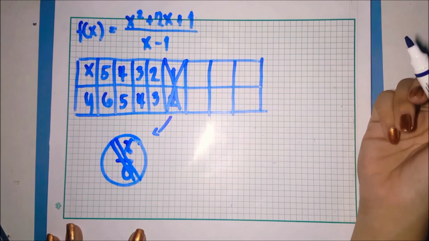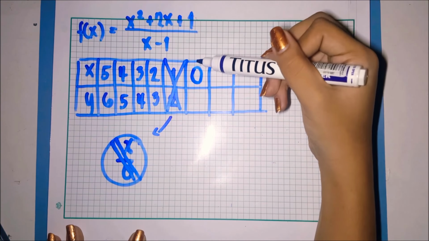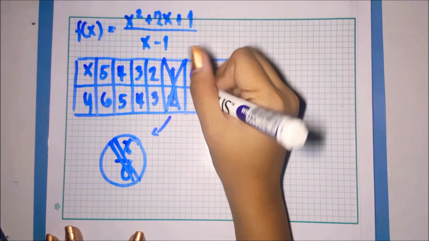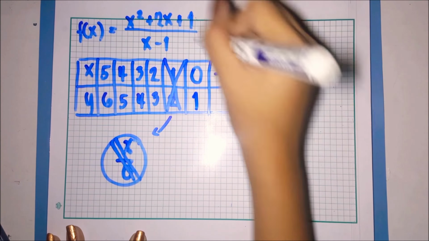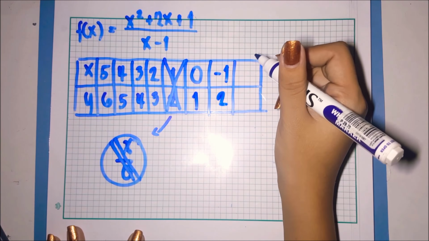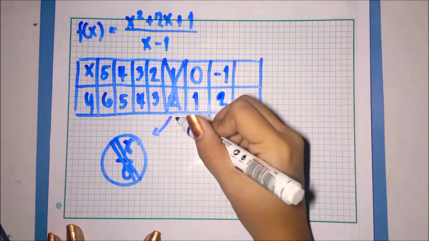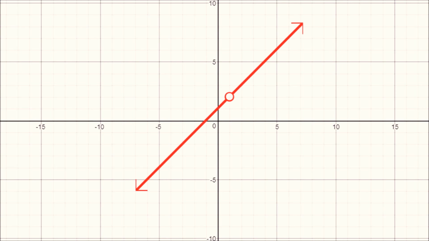As x equals 0 yields y equals 1, and x equals negative 1 yields y equals 0, it is clear that this function only breaks down when x equals 1. Now let's look at the graph of this function. It pretty much looks like the graph of y equals x plus 1, as if we tried cancelling factors out from our original function, this is in fact what you would get.